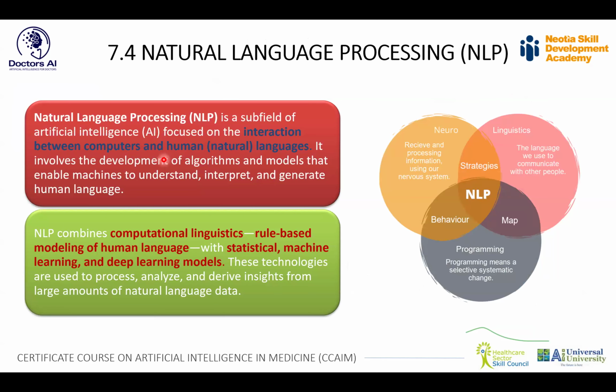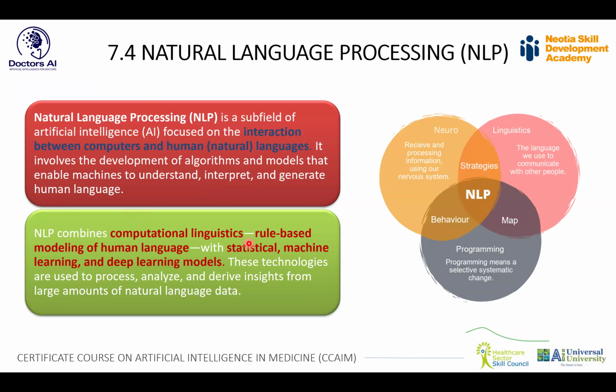The next segment I will speak about is NLP, or natural language processing. It is the understanding of human language by the computer, converting it into its own language and responding back to the human in the human language. NLP combines the most important part, which is computational linguistics, and this is where linguistic intelligence comes in.